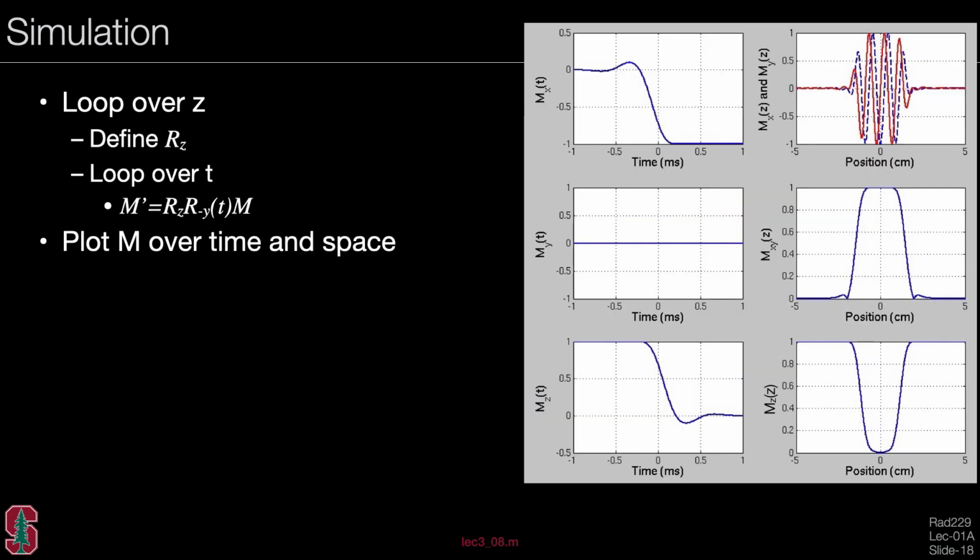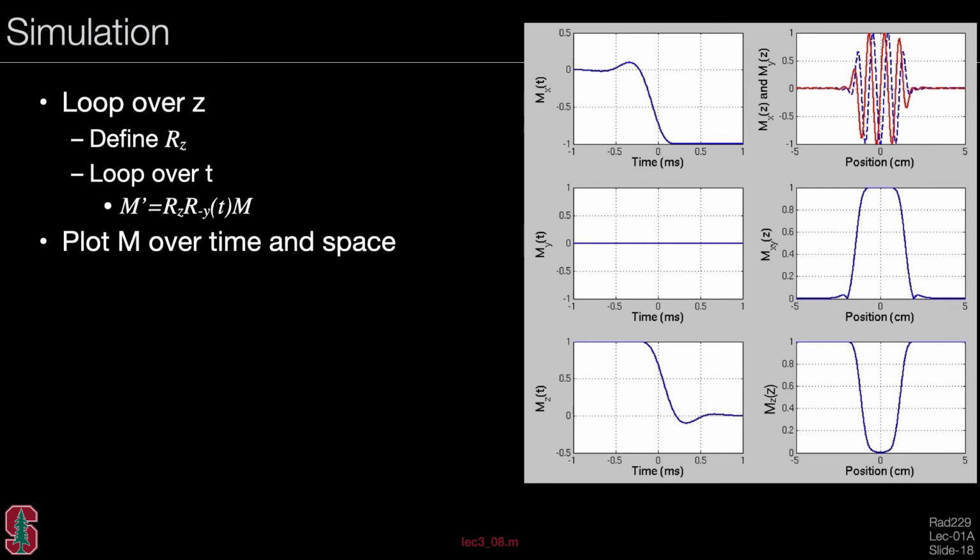Okay, so in this simulation, we're going to loop over the positions, and for each position, we're going to define the rotation at that position. And we're going to loop over time, where we loop through the rotation due to the gradient and the rotation due to the RF. So we're basically doing the hard pulse approximation here, and we're going to plot the magnetization over both time and space.